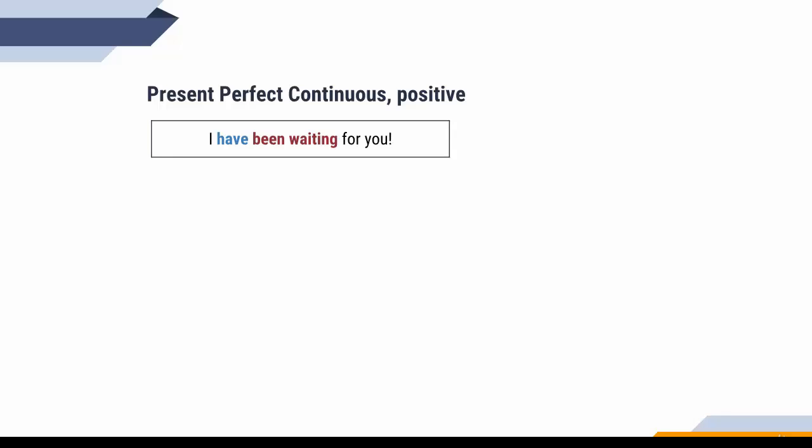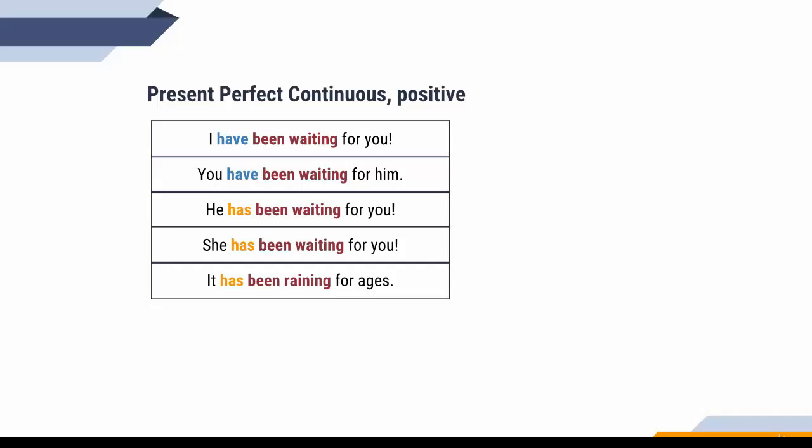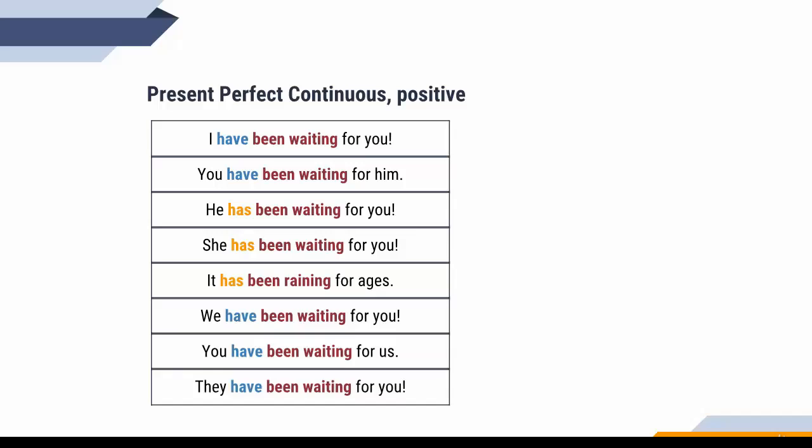And before starting with the different usages and explanations of what and how, first we are checking how it is formed. In a positive sentence, what you need is the correct form of the auxiliary have, which means I have, you have, he, she, it has.